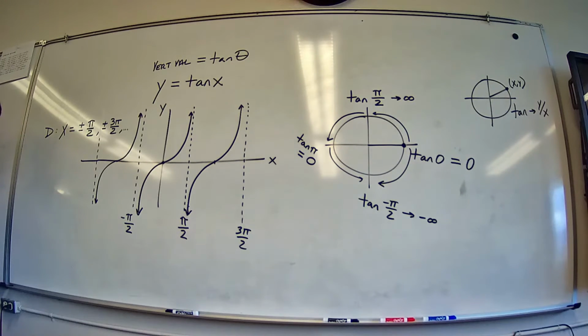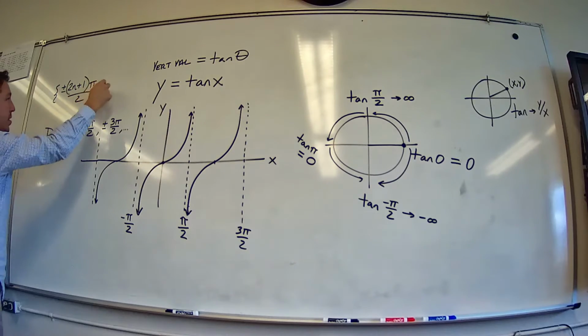Should we say x cannot equal this? Oh, thank you, Brad. Yes. Sean Patrick, if you wanted to go for the full flex, you could go the set of numbers plus or minus 2n plus 1 times pi over 2, where n's an integer.